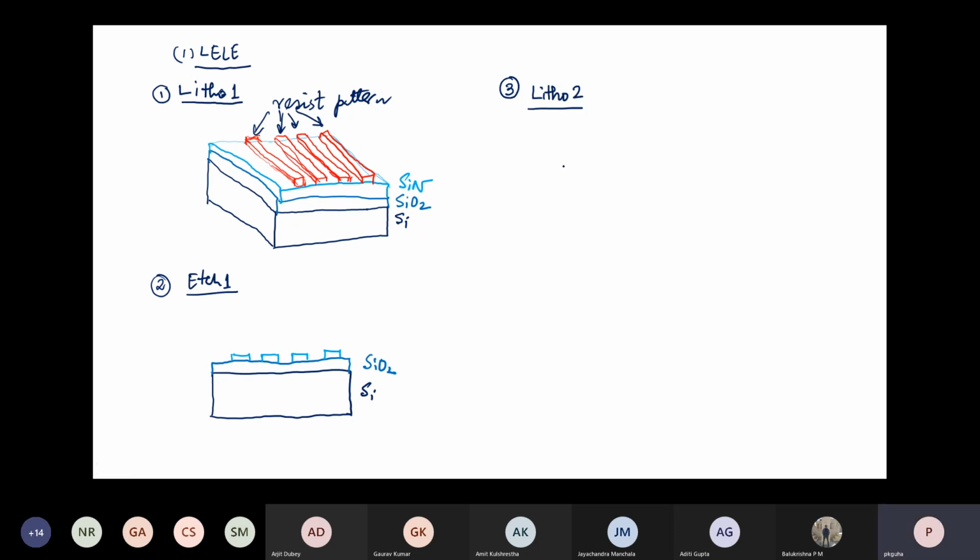In this step, I will deposit resist and again write the pattern. So again a second resist pattern is overlaid onto SiO2.